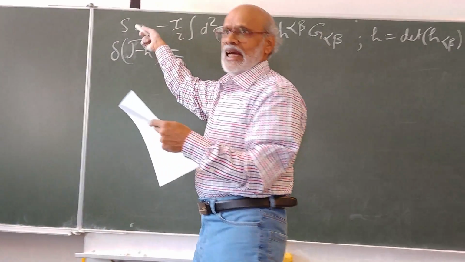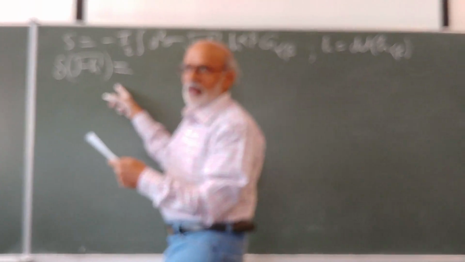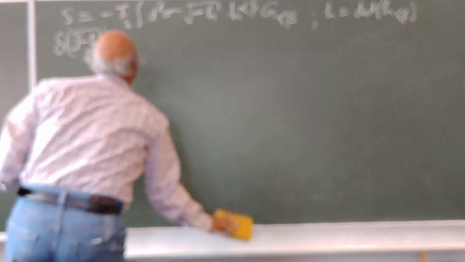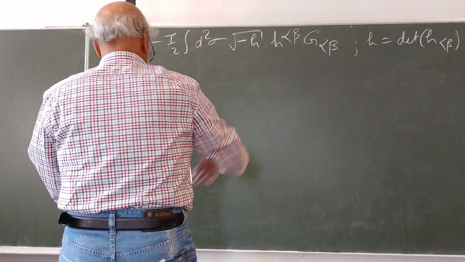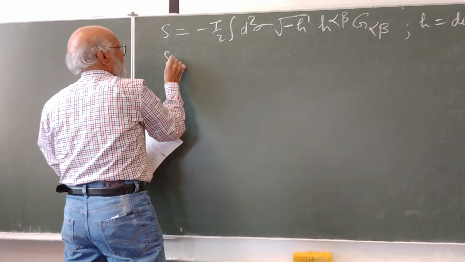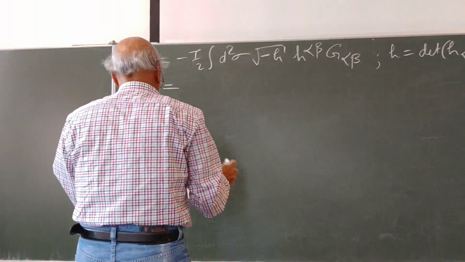I will vary the action. Or let me not do it here; I will do it at the proper place where I vary the action. So let me vary the action. Delta S. Let me write a little bit small.